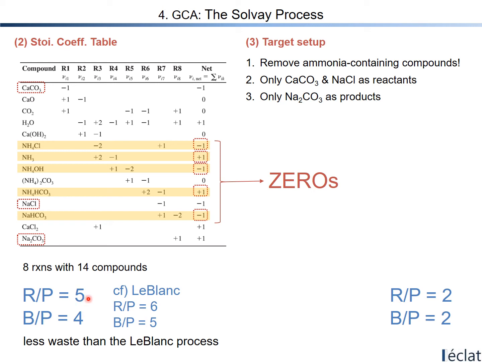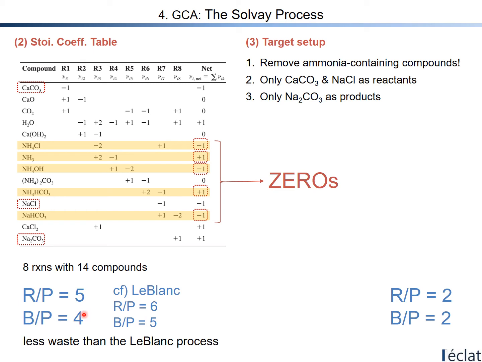So I can say the Solvay process is better than the Leblanc process because we need a smaller amount of reactant and also a smaller amount of byproducts are produced.